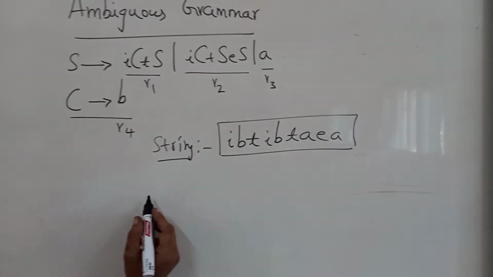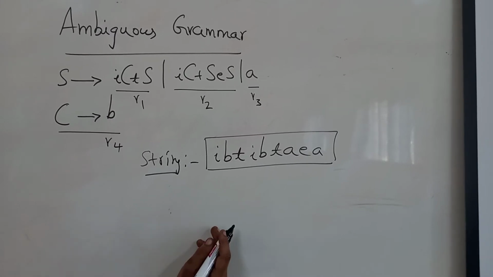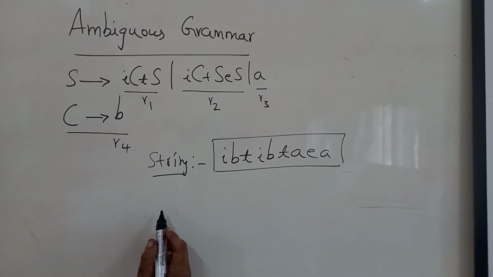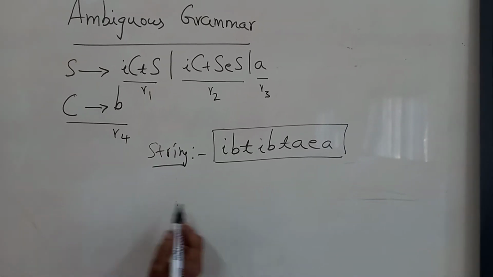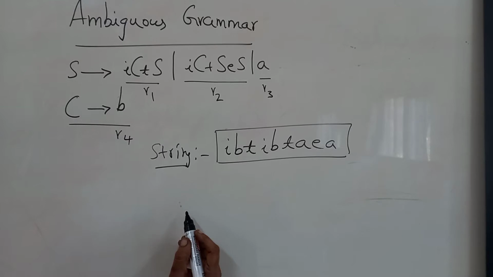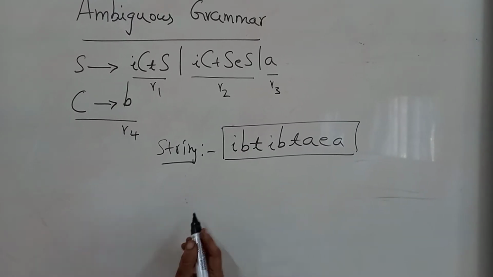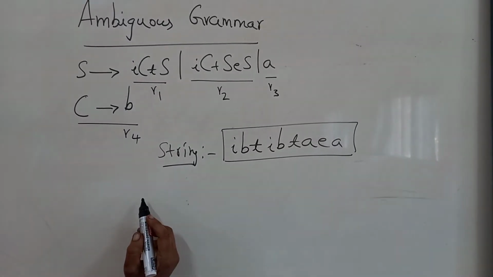You can apply the leftmost derivation twice and construct the parse trees, or apply the rightmost derivation twice and construct the parse trees. And if you get two different parse trees, then we say that the given grammar is an ambiguous grammar.